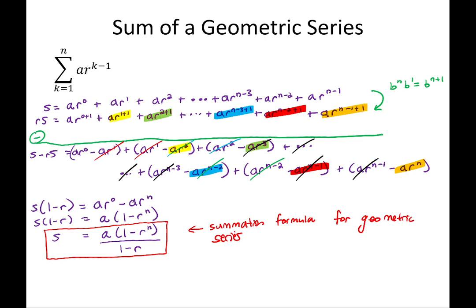Just as a warning that sometimes the sum starts at 0. Sum from k equals 0 to n of ar to the k. So there's different ways that summation formulas can be indexed. I won't bother you with that.